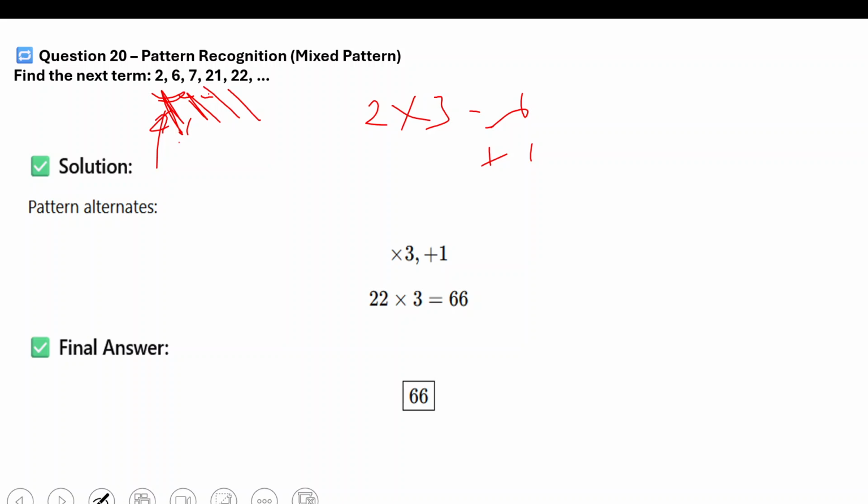If I multiply by 3, I get 6. If I add 1 to 6, I get 7. If I multiply 7 by 3, I get 21. And if I add 1 to 21, I get 22. So the next one, if I multiply 22 by 3, I get 66. And if I add 1, I get 67, and so on.